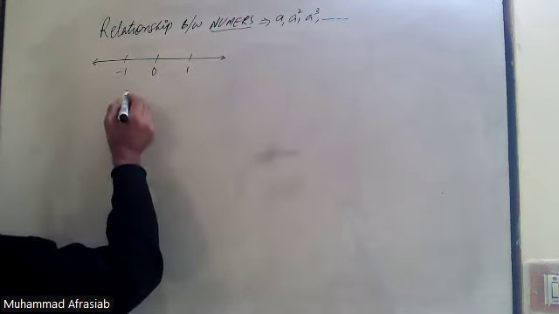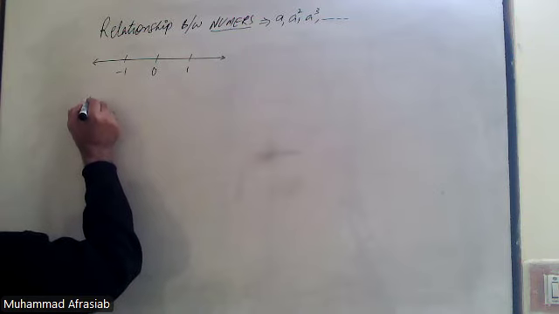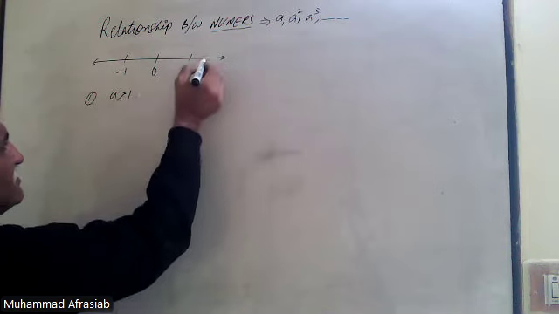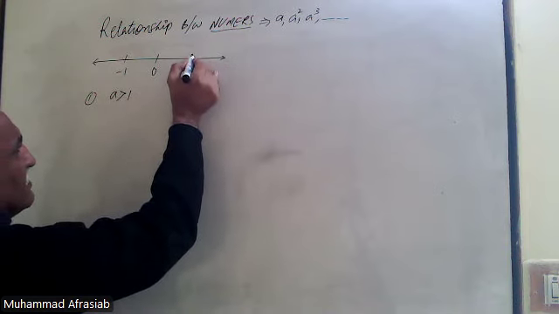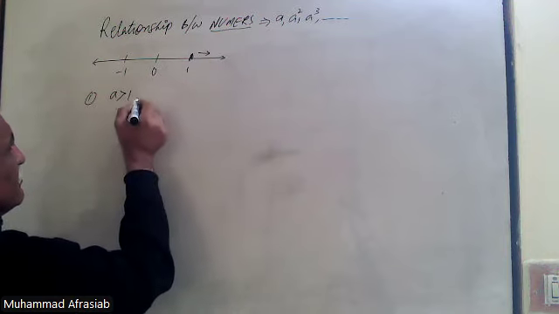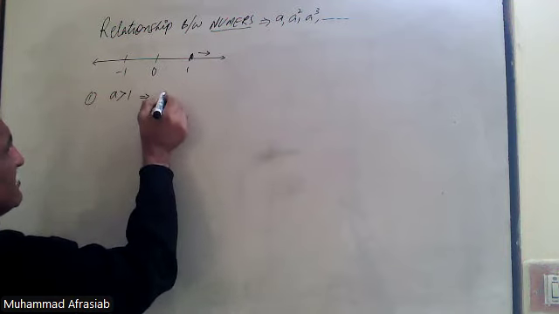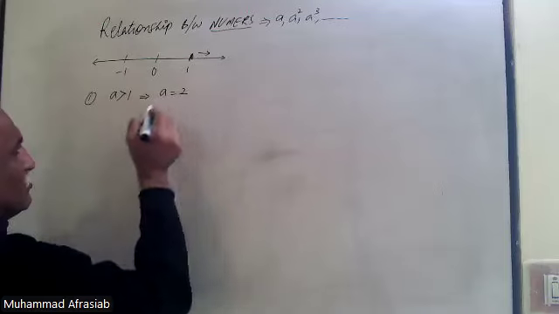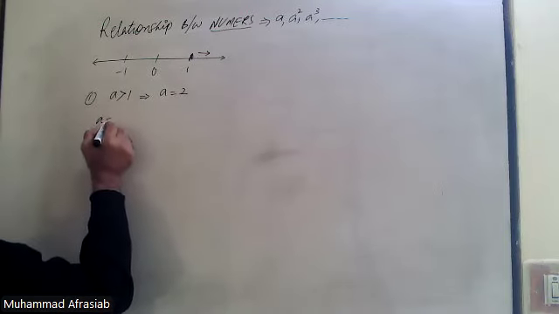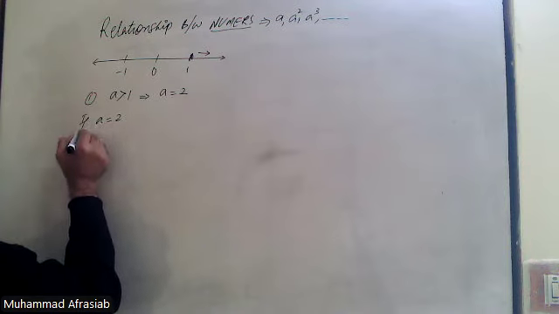Now we are defining it in categories. If a is greater than 1, let's say the point is on the right side of this one. So let's say a is equal to 2.